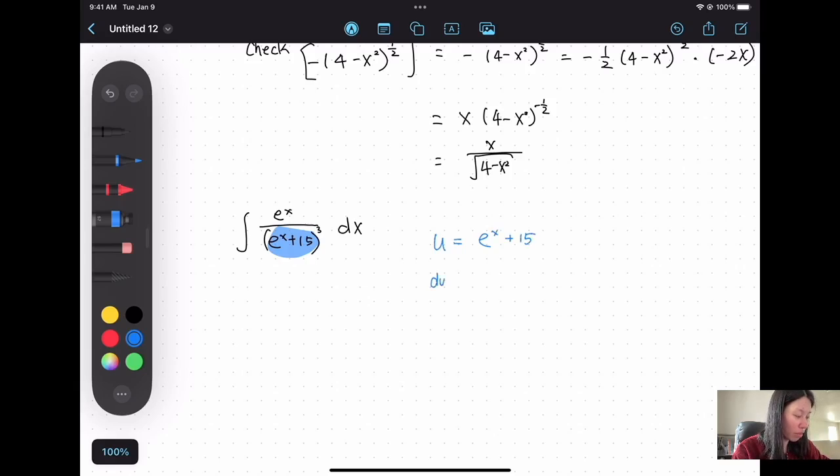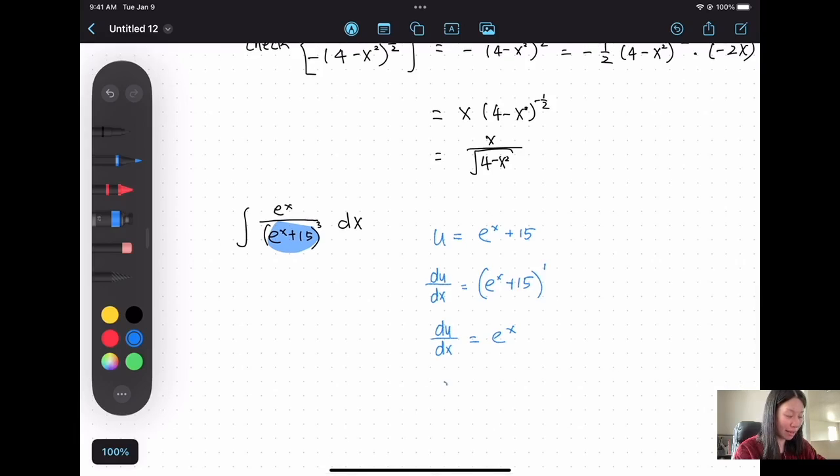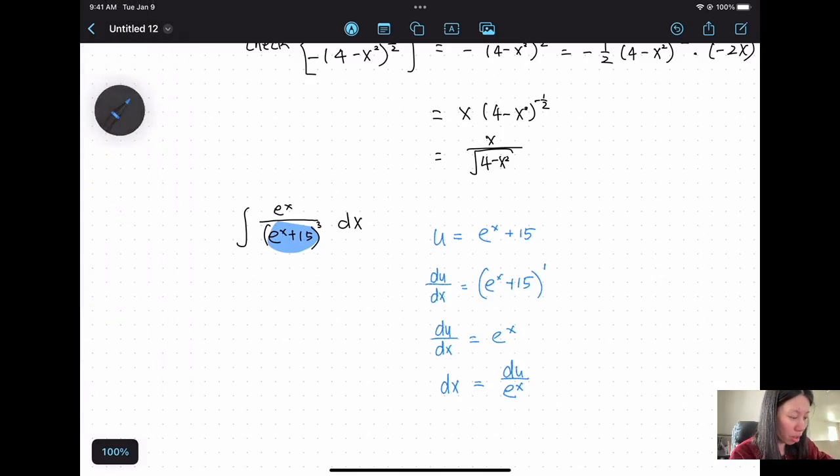That means if I get the derivative of u, du over dx, I will take the derivative on both sides at the same time. So du over dx is equal to e to the x. Now we want to find out what dx is. So dx is going to equal du over e to the x. Okay, so now we can do the substitution.